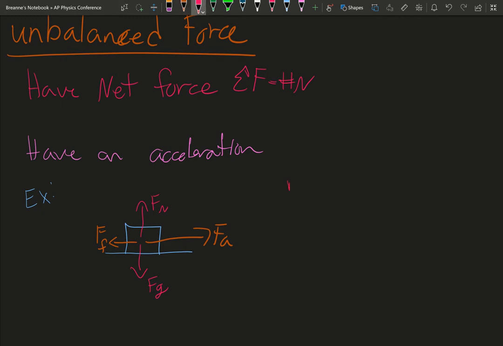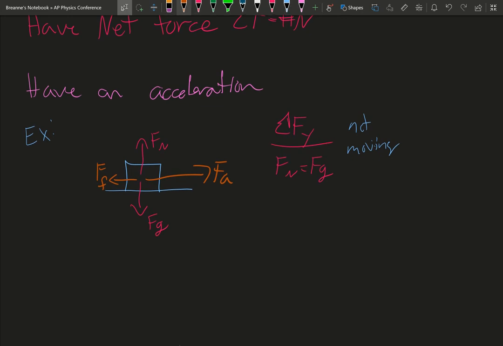So your net force in the y would still be balanced. Your normal force equals your force of gravity. It's not moving in the y direction. But in the x direction, it's not balanced anymore.